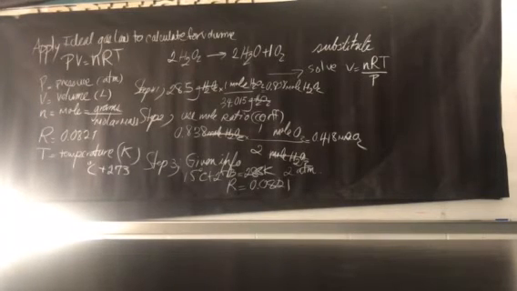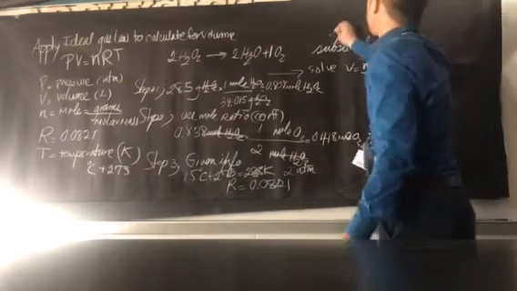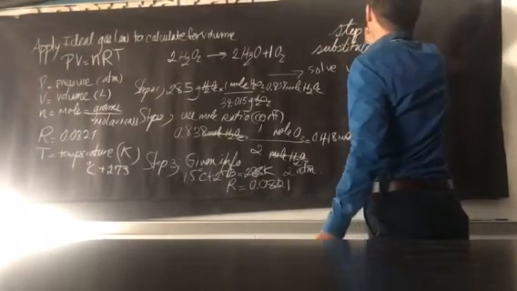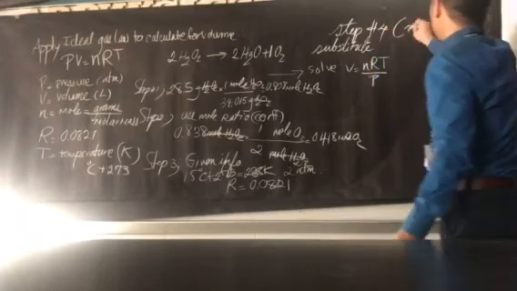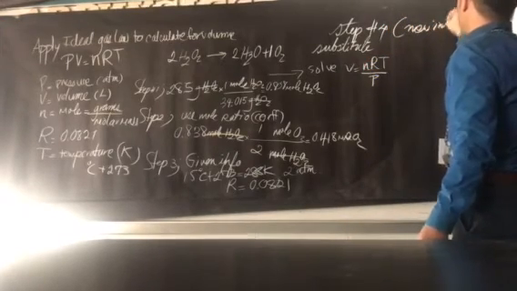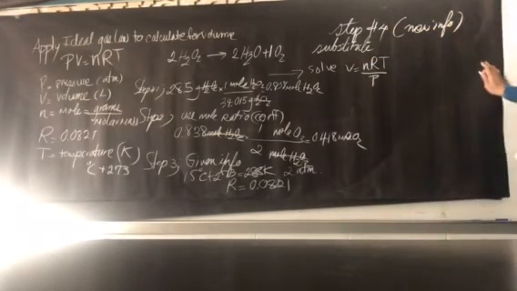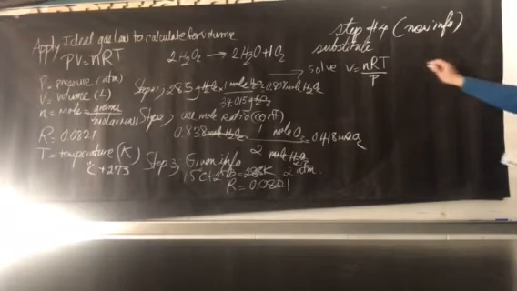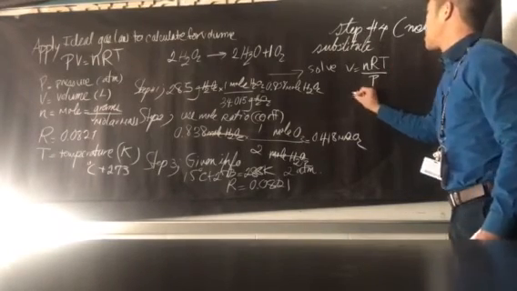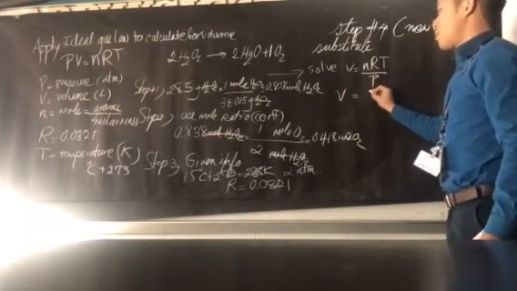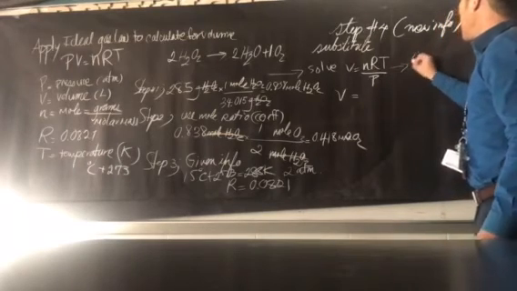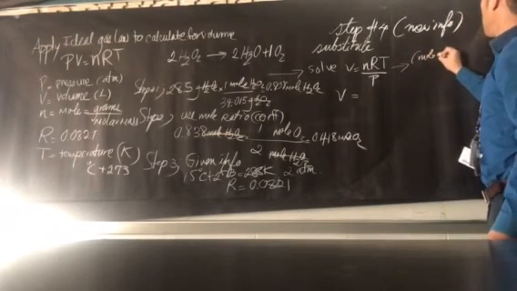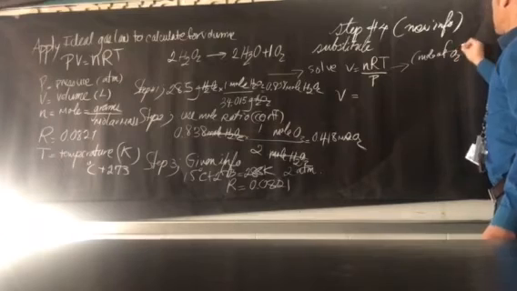and now this is the last step. I'm going to write it down: substitute, step 4. This is the new information. I'm going to write out this new info, and you will substitute this. So your volume is equal to the number of moles, and the number of moles right here must be the moles of oxygen only.